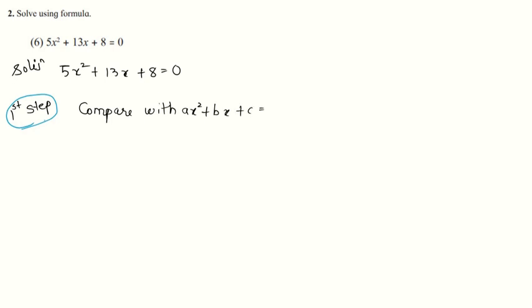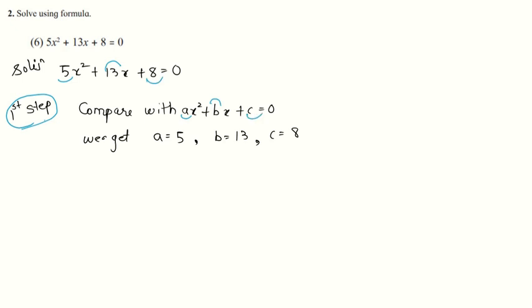We get a is equal to 5, b is equal to 13 and c is equal to 8. I will just highlight it to make it easier to understand. a is 5, b is 13 and c is 8.